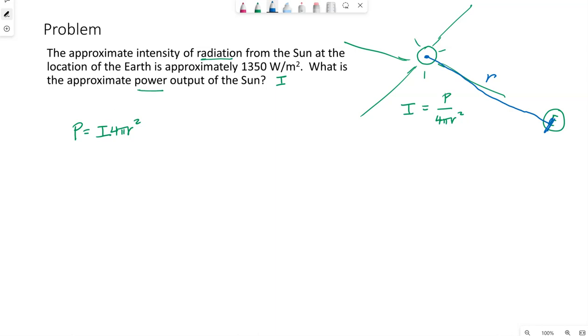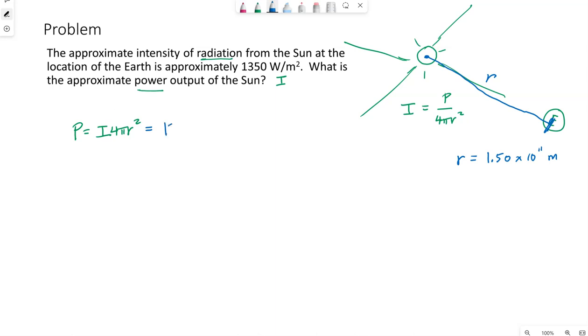The column next to what the object is the mean distance from the sun. So on average, Earth is a distance of 1.50 times 10 to the 11th meters from the sun. So that's what we will go ahead and use to solve for this approximate power of the sun.